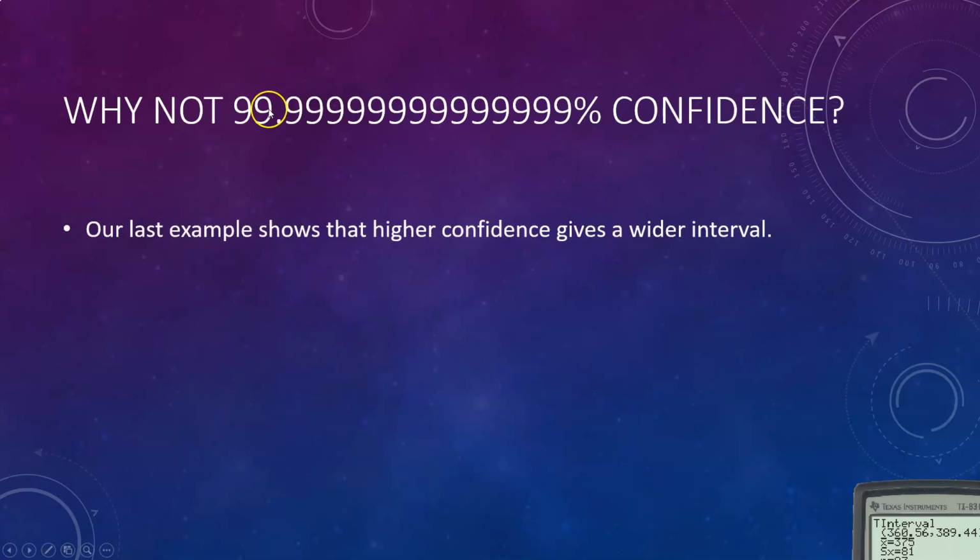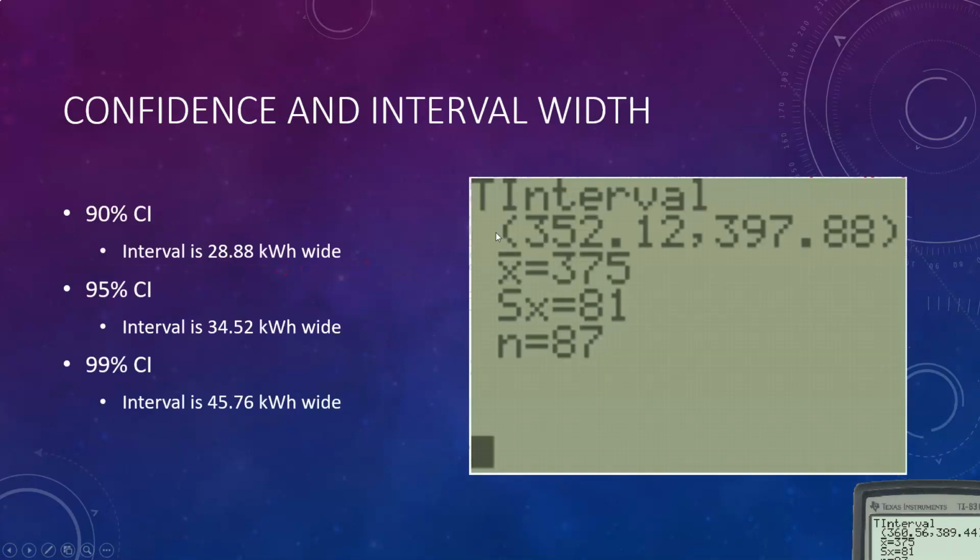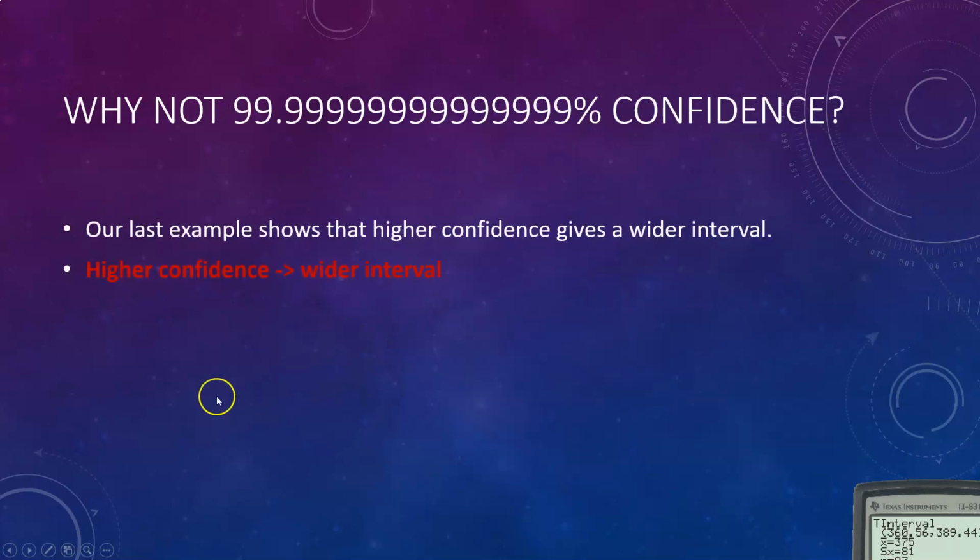We don't crank up the confidence all the time because higher confidence gives us a wider interval. The more confidence we have, the wider the interval we have. The more accuracy we get, the less precise our results are. Accuracy and precision are in conflict when we do confidence intervals.